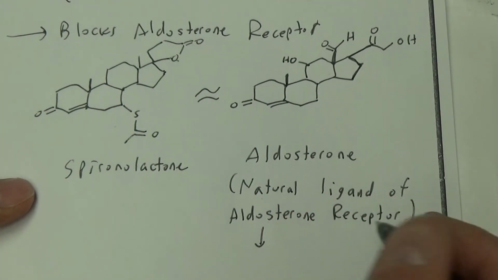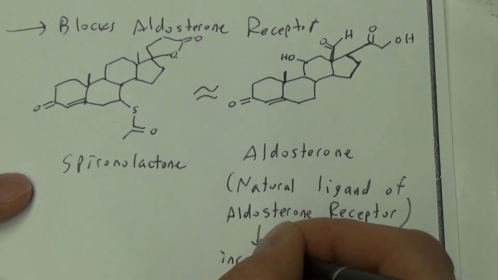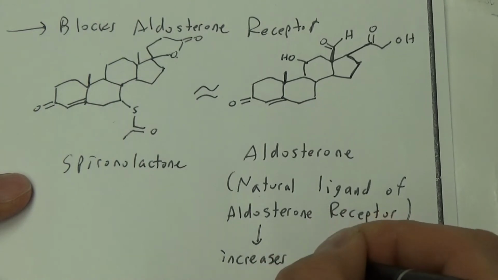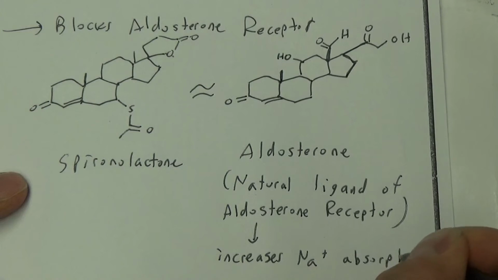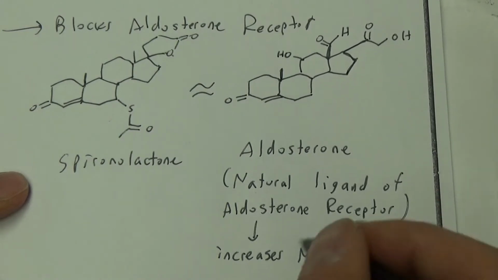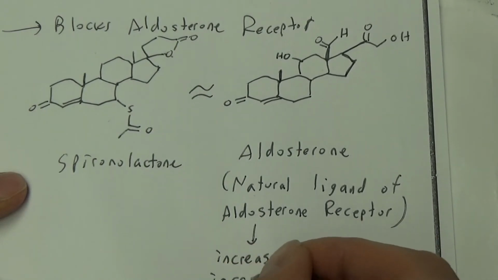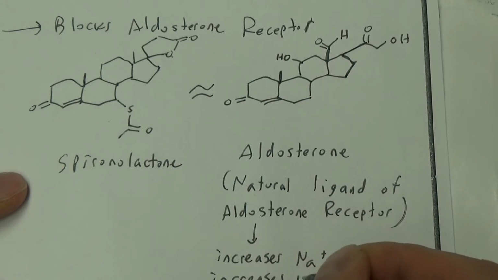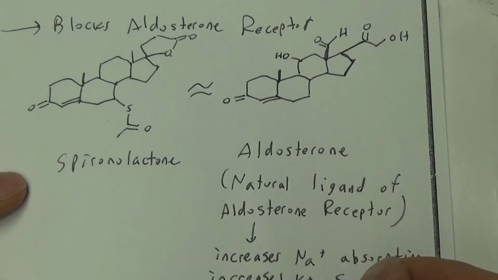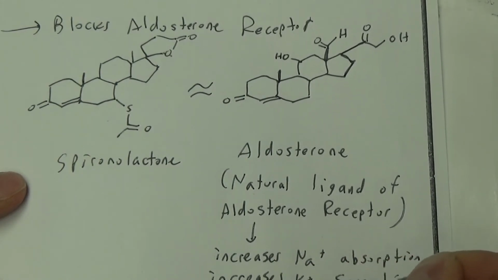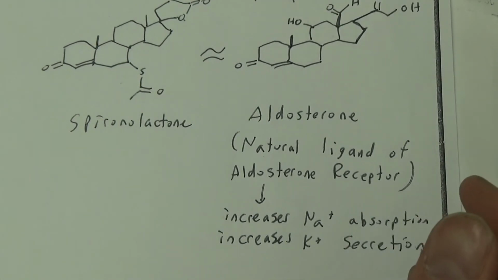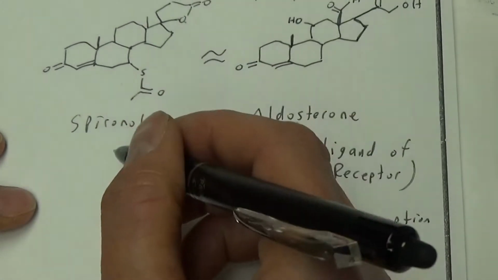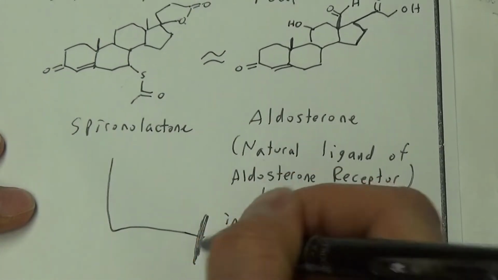When aldosterone binds, it increases sodium absorption and increases potassium secretion. So it's like an exchanger protein, channel protein. And what this drug does is block that, right?